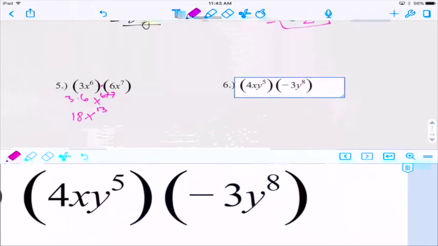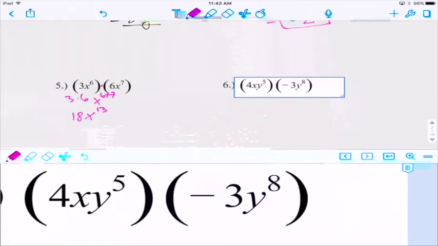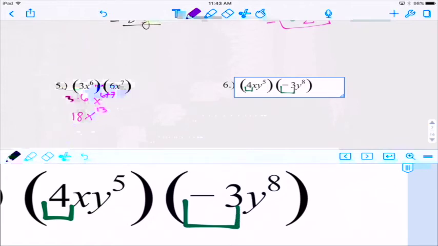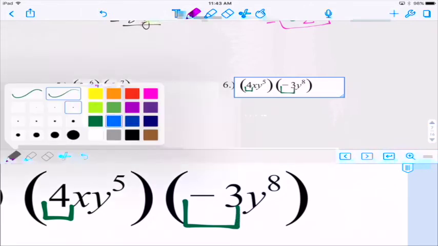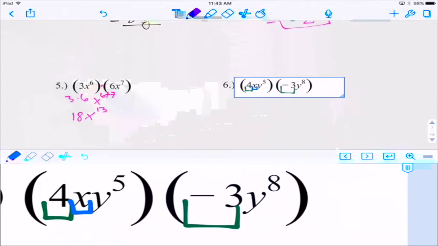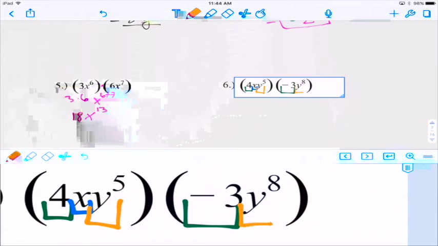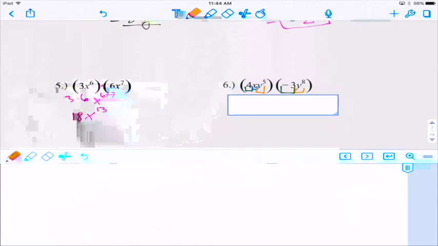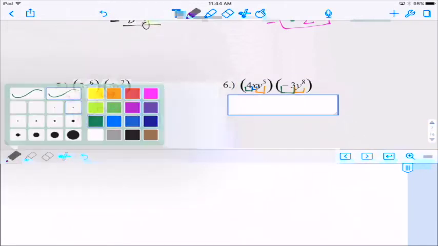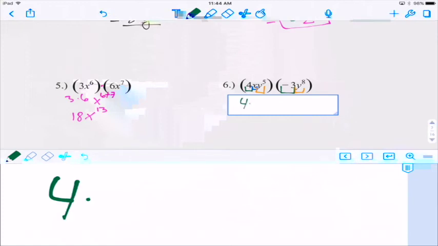And same thing on this one. But now we've got more than one variable. What we're going to have to do is multiply like terms. 4 and negative 3. Then we've got our x. There's only one x, so we're just going to leave that alone. And then we've got y to the 5th times y to the 8th. So what this means, 4 times negative 3.